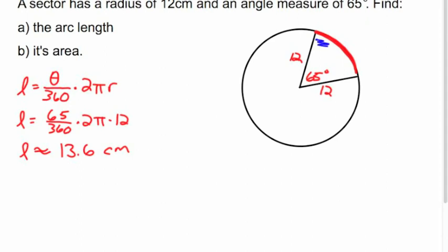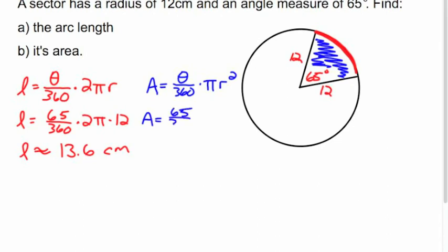Now we want to also find the area of this sector. So that means we're going to find all of this space inside here. The area uses a very similar formula, the modified formula, theta divided by 360 times pi r squared. So in this case, our area of the sector is going to be equal to 65 divided by 360 times pi times 12 squared.